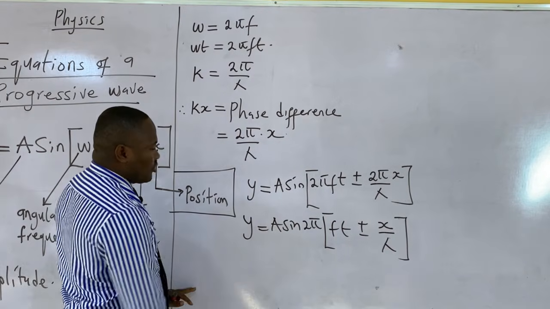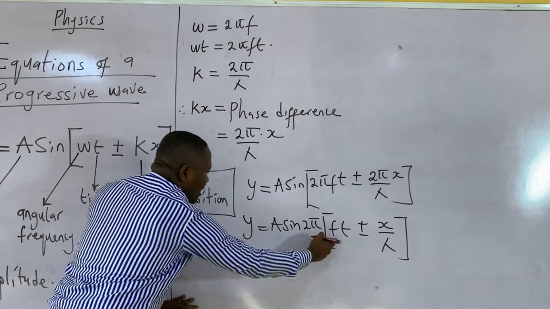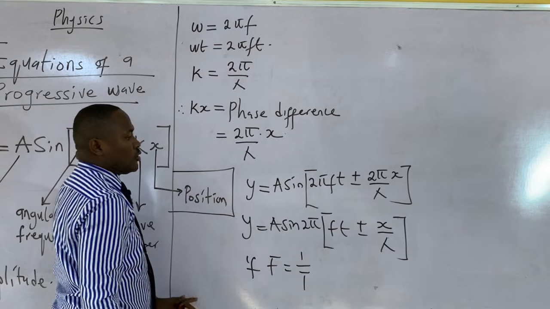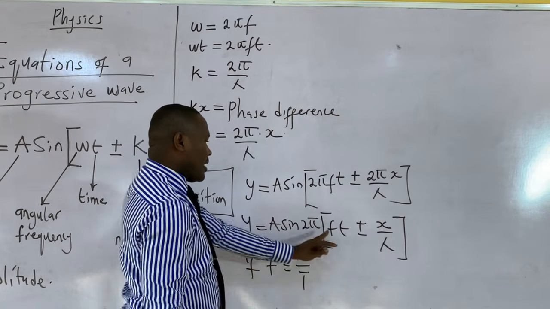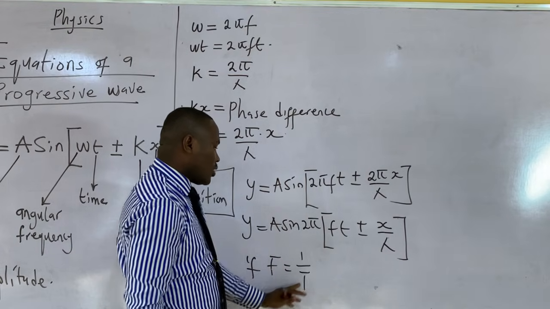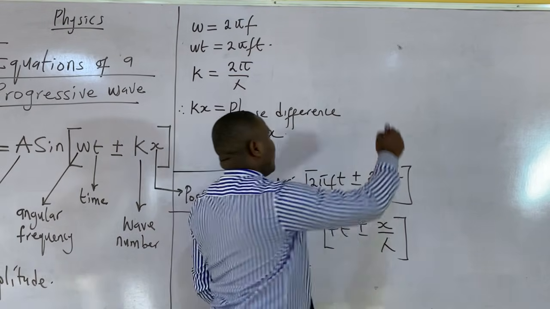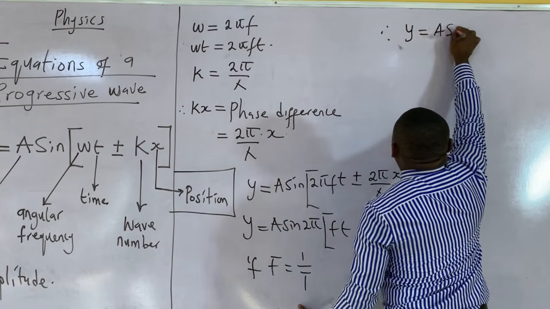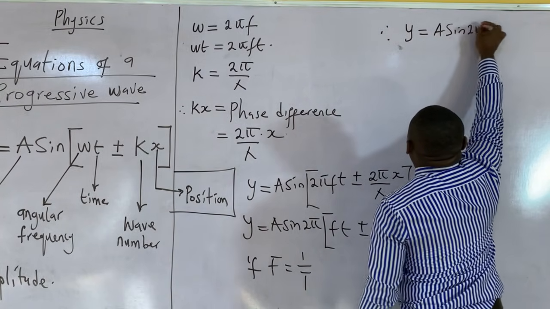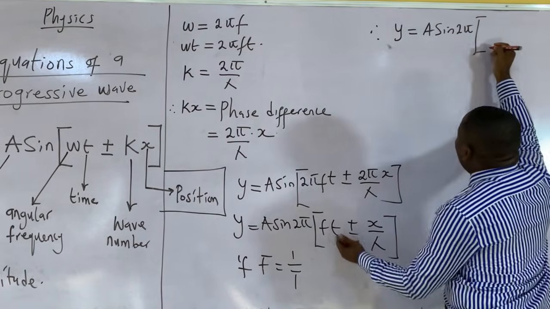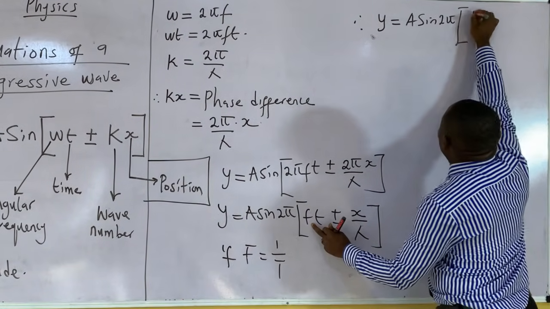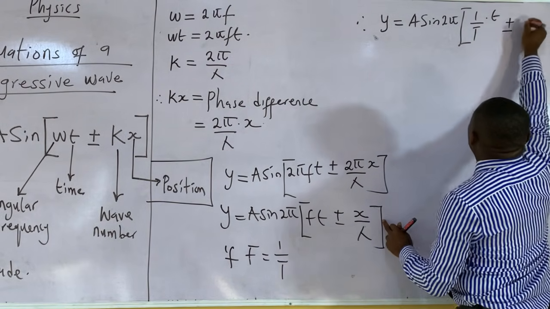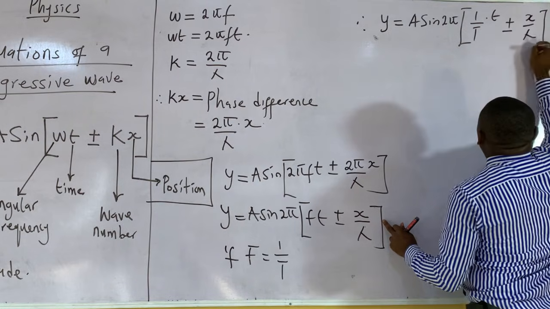Now we can see that if f, as frequency, equals 1 over period, therefore I can have y is equal to A sine 2π open bracket, f will now be 1 over T dot t plus or minus x over λ, close the bracket.